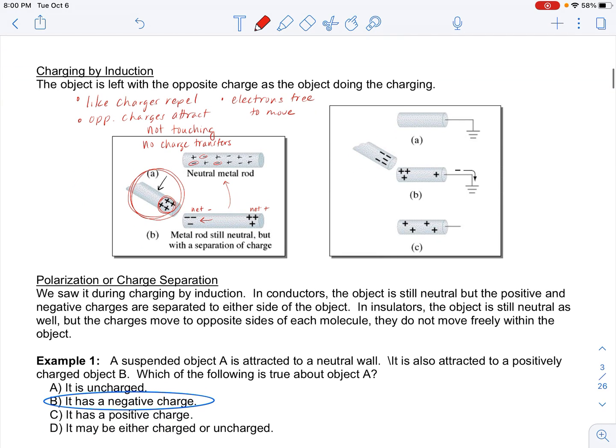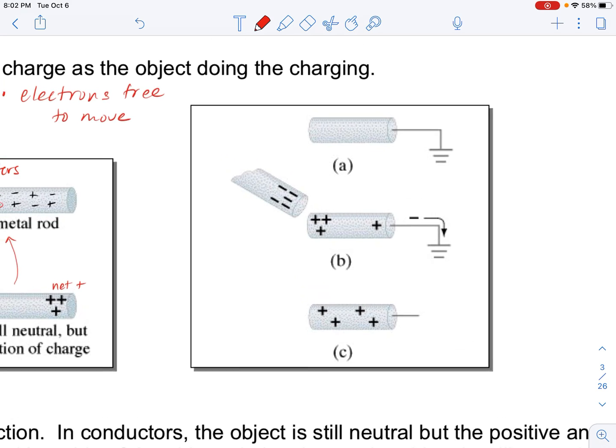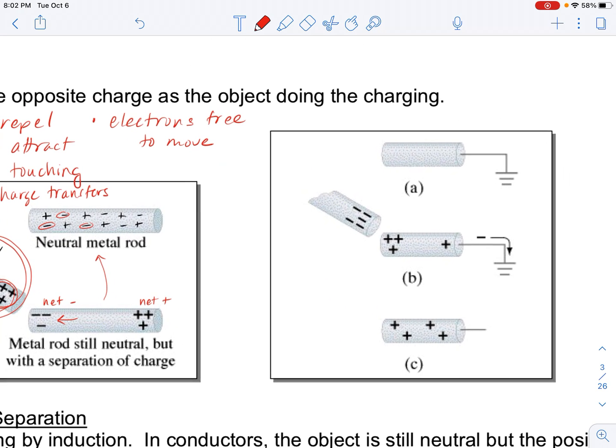Okay, so this is actually an example of what we call polarization or charge separation. On the right here, we've got an example of charging by induction.